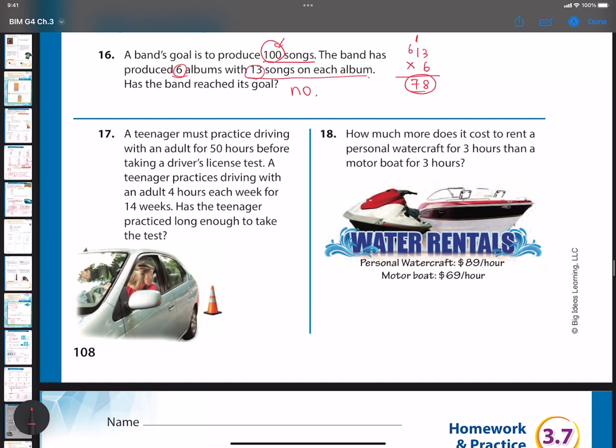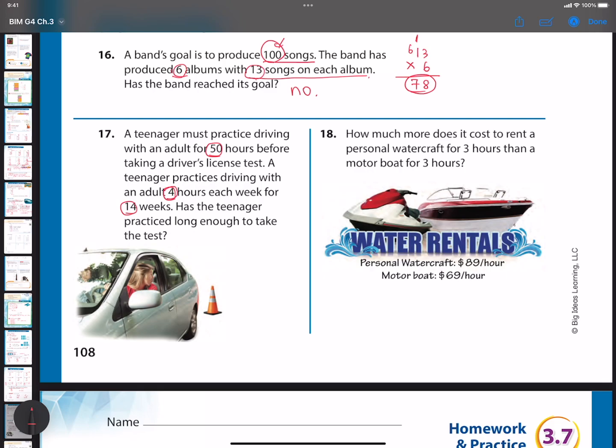All right, number 17. A teenager must practice driving with an adult for 50 hours before taking a driver's license test. A teenager practices driving with an adult 4 hours each week for 14 weeks. Has the teenager practiced long enough to take the test? Let's find out.